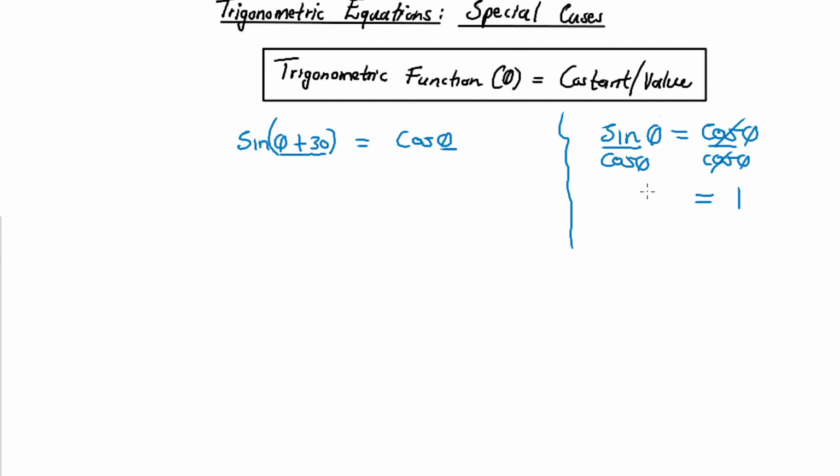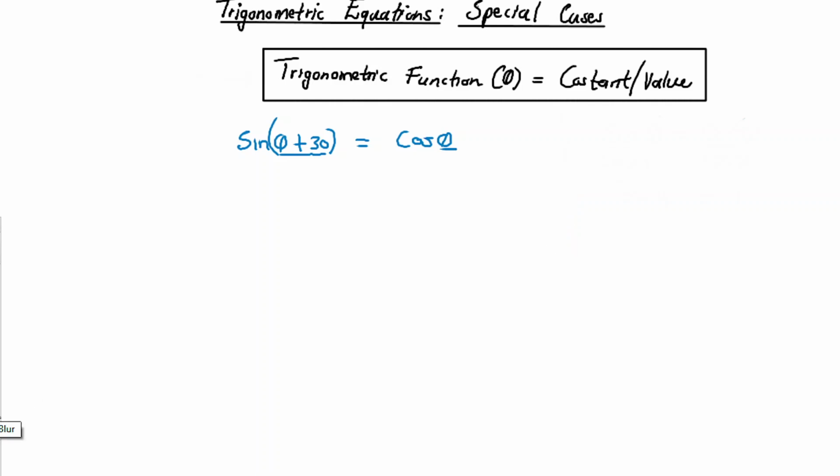This divided gives us 1, and then this gives us tan theta. But here I cannot employ the same logic. Why? The angles are not the same. So it's a tight grip, a very tight one.